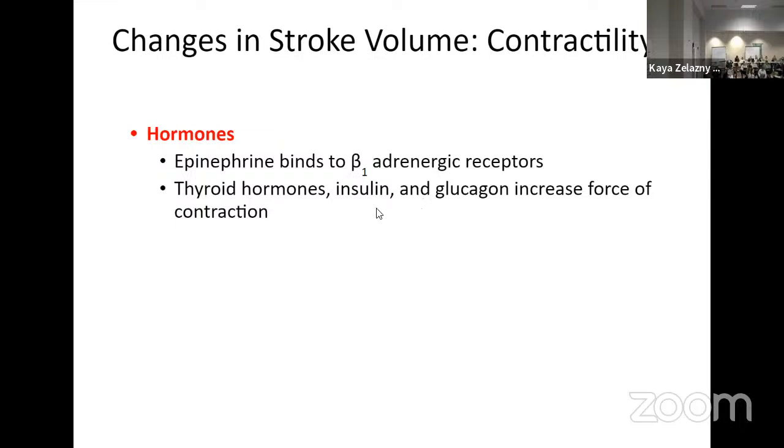So thyroid hormones, insulin, glucagon can all act on that force of contraction. We're not going to think about them really, but other stuff going on in your body does have an effect on your heart. But this is our last day of class, so the details of that will be for if you are going into specific conditions that you're interested in that affect this.